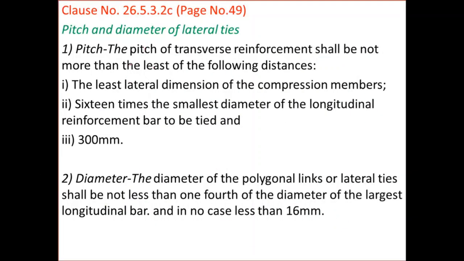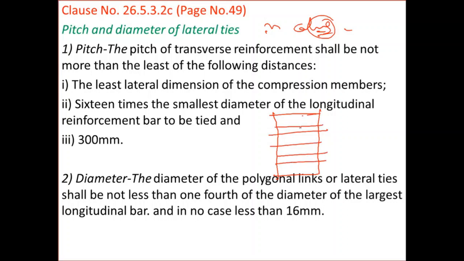Then next one is pitch and diameter of lateral ties in columns. Suppose this is a column. Now we will provide the stirrups, the lateral ties, in this direction. Whatever the pitch is, that should be the least of the following distances.